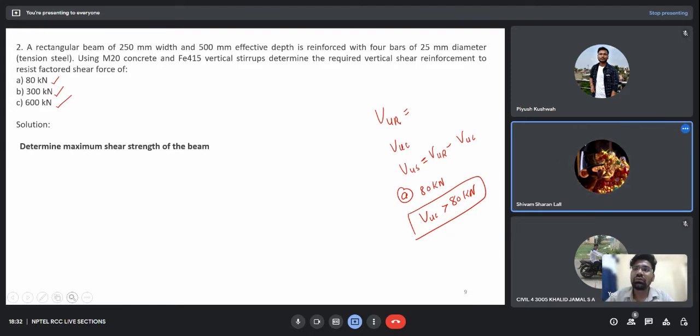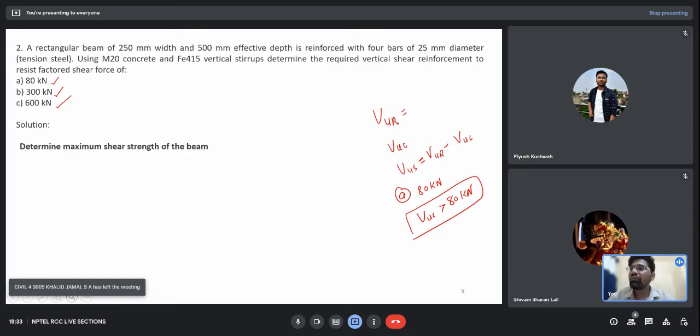So normally there is no need for any provision of shear reinforcement, but IS 456 says we need to provide some minimum shear reinforcement so that if any accidental load comes onto our structure, that load would be taken care of by this minimum shear reinforcement.